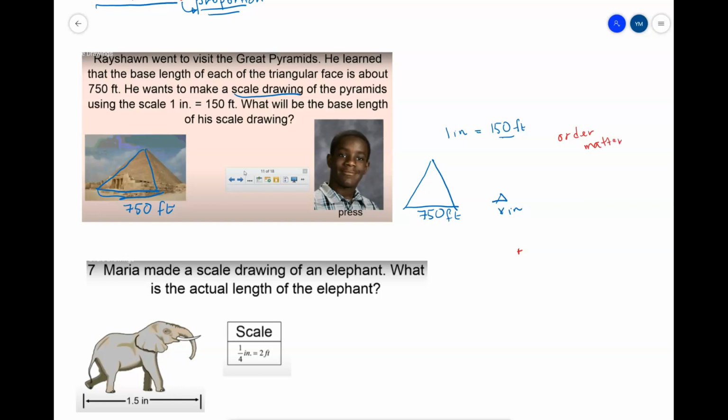When you're using the scale factor, we want to find inches. The way you set up the ratio is that you always take the amount that you want. In this case, what do we want? We want the inches, right? The quantity that we want. So we're going to say that the quantity wanted out of the quantity given.